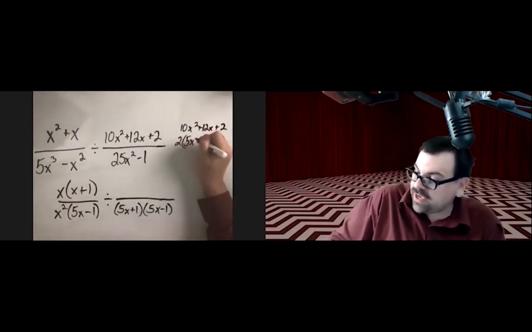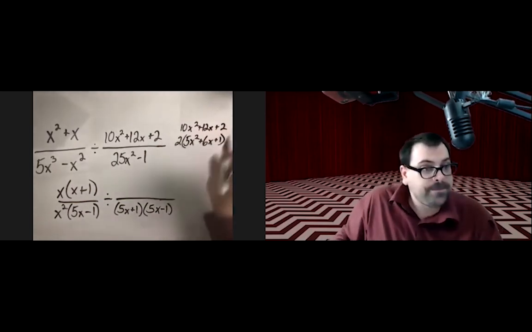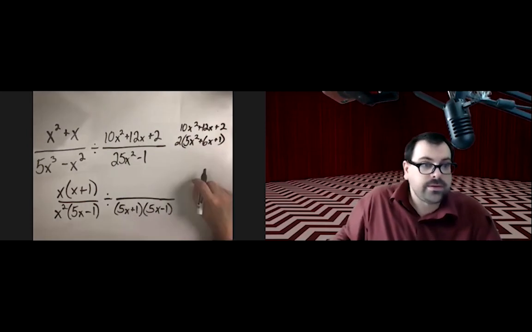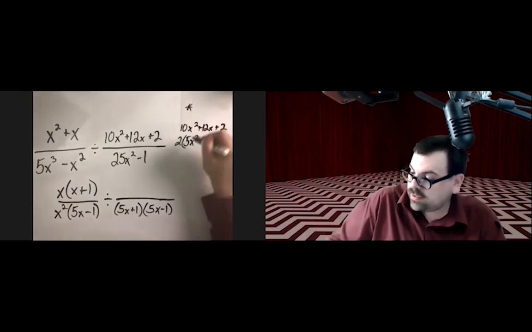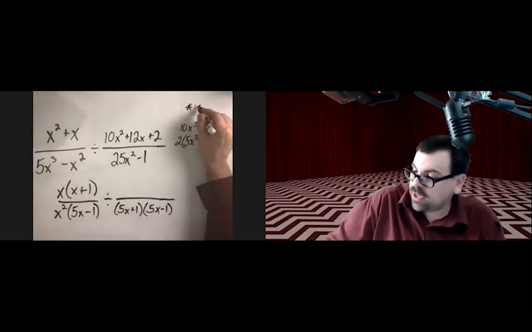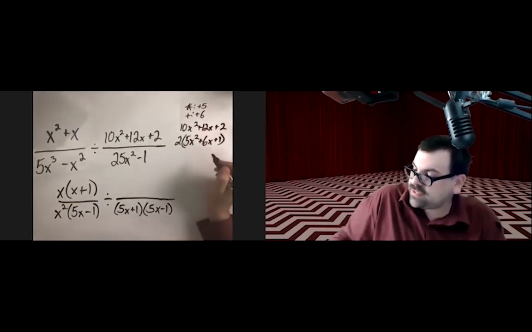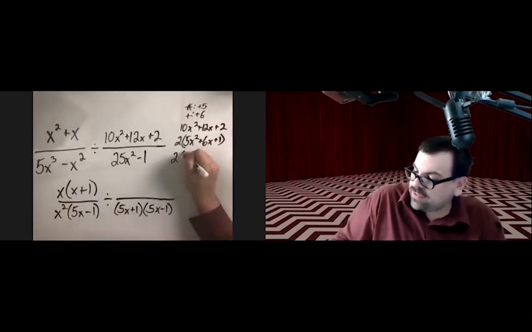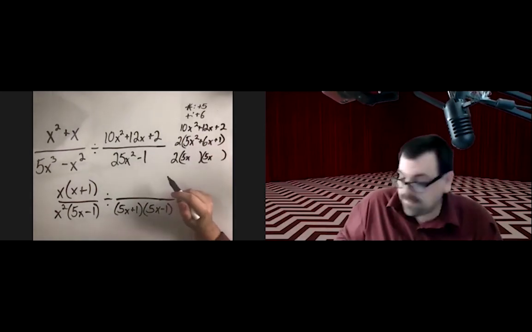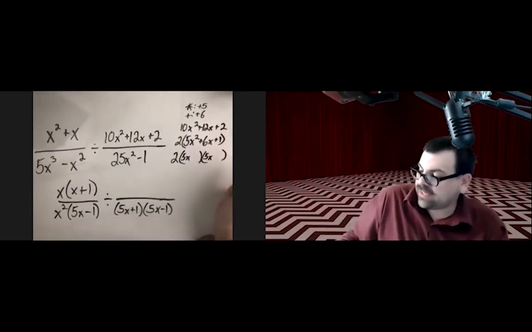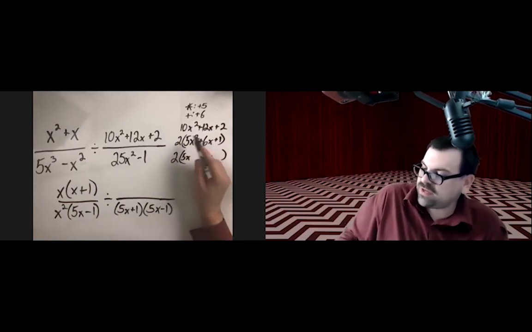We're left with 5x squared plus 6x plus 1. We would need numbers that multiply to 5 times 1, multiply to positive 5, and add to positive 6. When we find those numbers, we'll put it in a 5x times 5x because of our 5x squared. Then we'll have a corrective step because we don't need 25x squared.